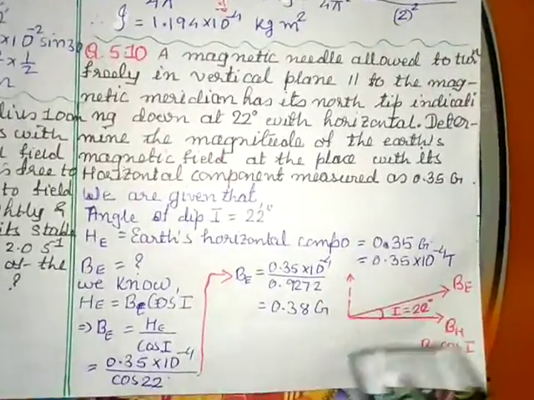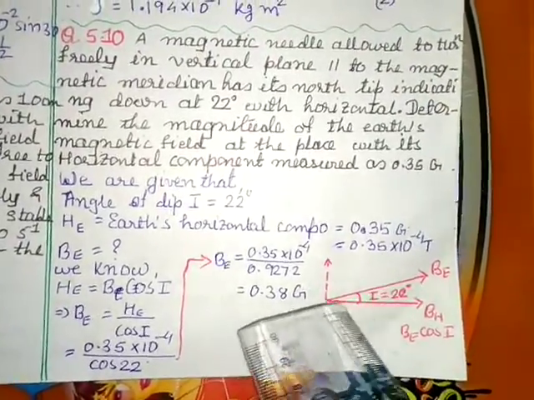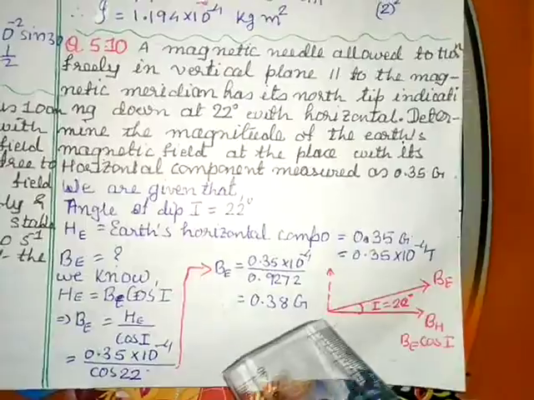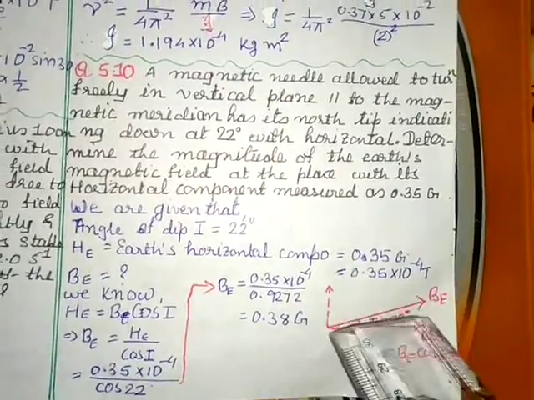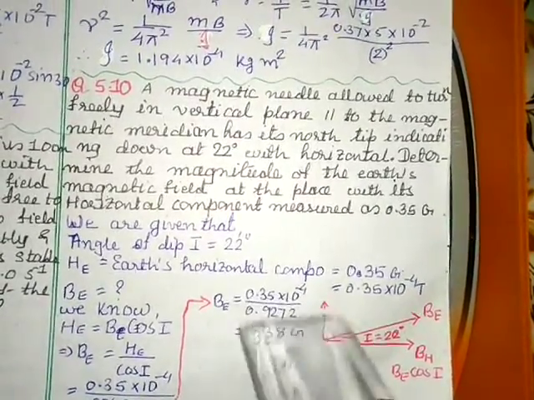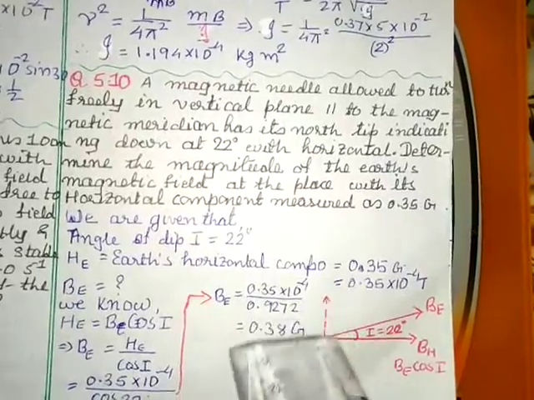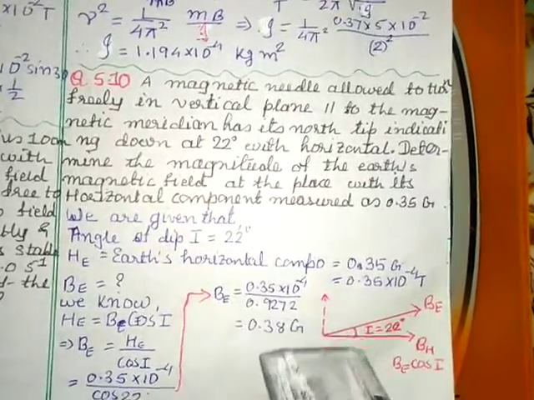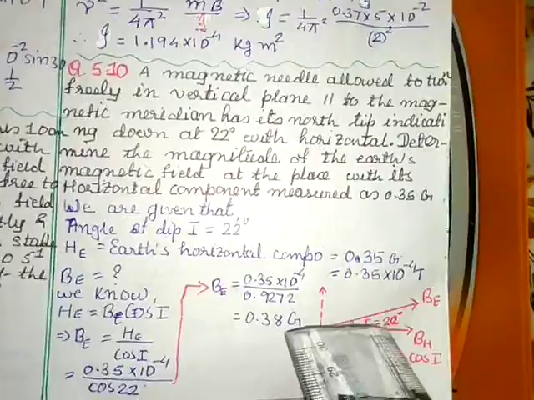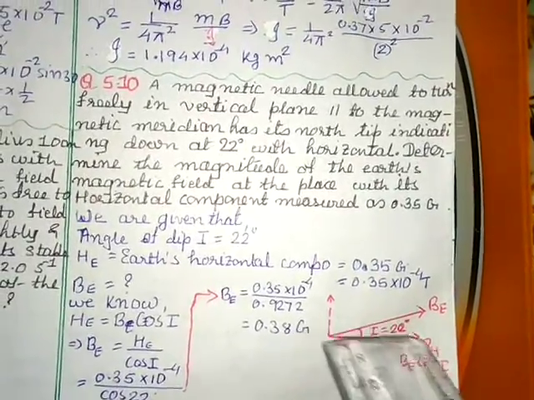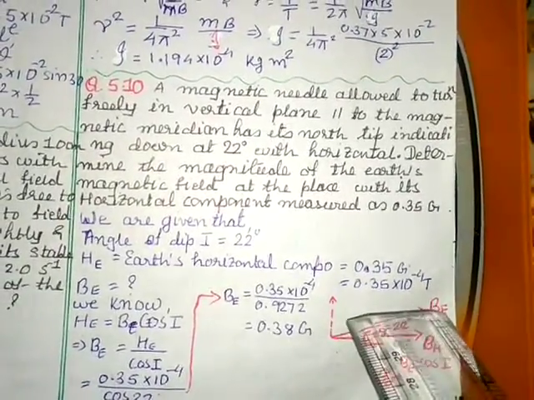This is the scenario. This is the horizontal component of Earth's magnetic field. This is the magnetic field of the Earth. And this one will be the vertical component of Earth's magnetic field. This angle is the angle of dip, which is given to you as 22. BH is given, and you have to find BE.